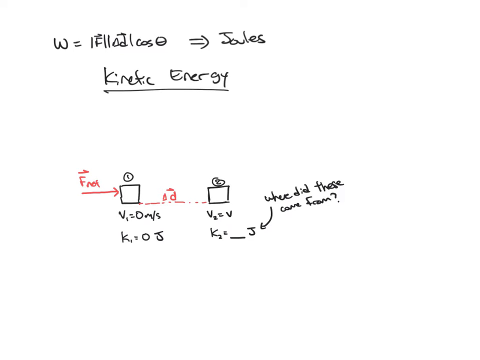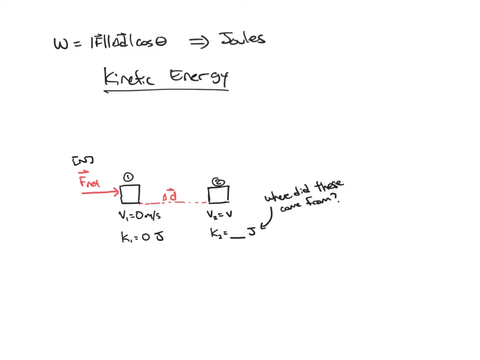Now, force is measured in newtons, so it's not a direct translation from newtons to joules. However, we know that if we do force times displacement, then we can get Newton meters, which is the same as joules.